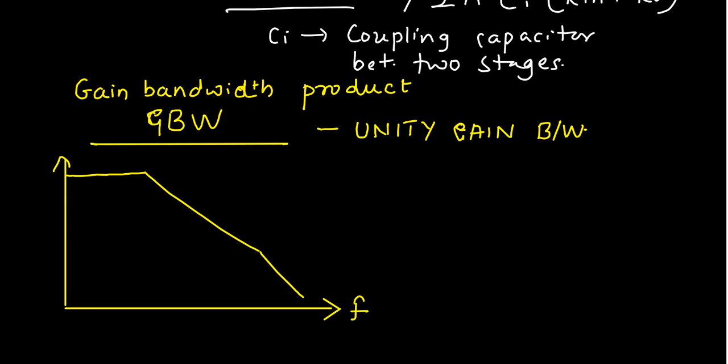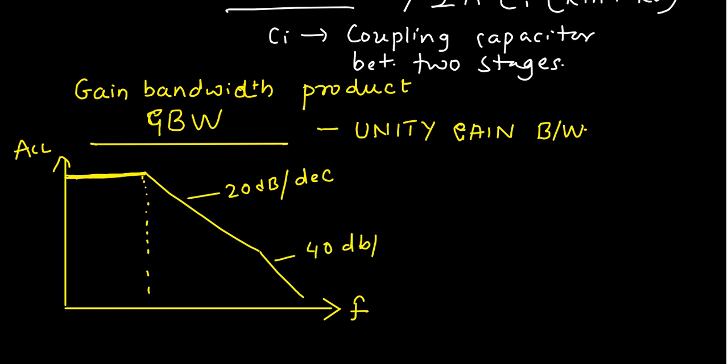If you draw this diagram, up to a certain frequency your gain remains almost constant, and beyond that you have a 20 dB per decade or 40 dB per decade decline in the gain, and this is very much possible.